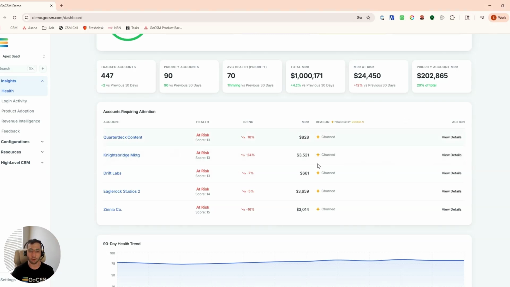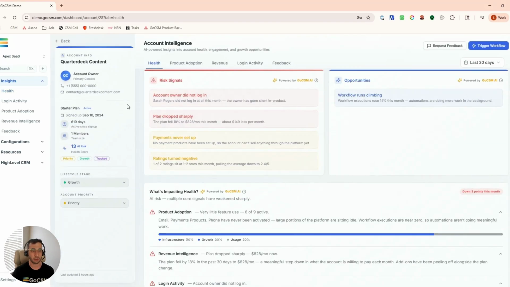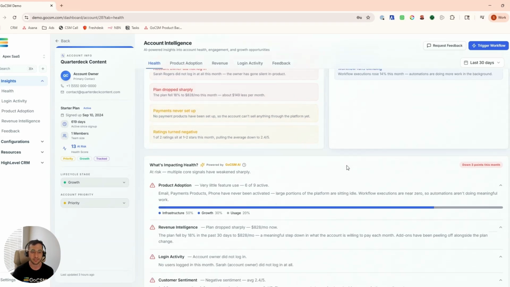GoCSM's AI over here is going to give you an idea and a breakdown of what's wrong with those accounts. It's going to flag them, and you can click into each account and check what's impacting their health. For example, you can click on the first account in there, and the AI is going to give you an idea of what the biggest risk signals are, and what the green flags are.